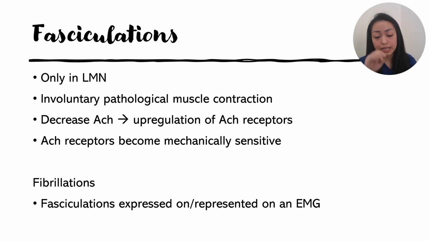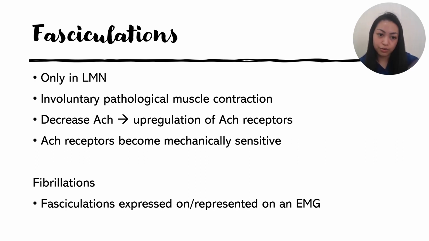So with fasciculations, let's think in a physiological setting first. Acetylcholine binds to nicotinic receptors in the muscles, and they open up the channels and allow sodium ions to come into the cell, making the cell more positive, depolarizing the cell, generating the action potential, and therefore generating a muscular contraction.